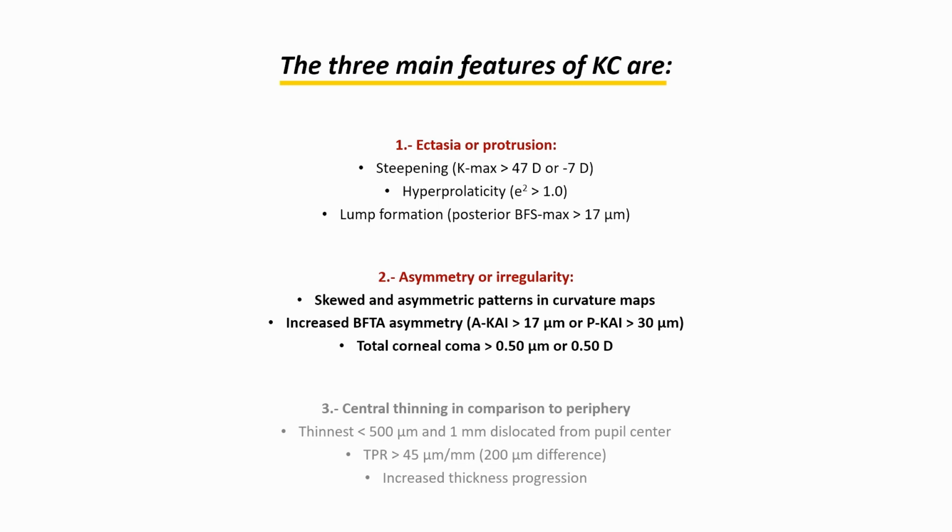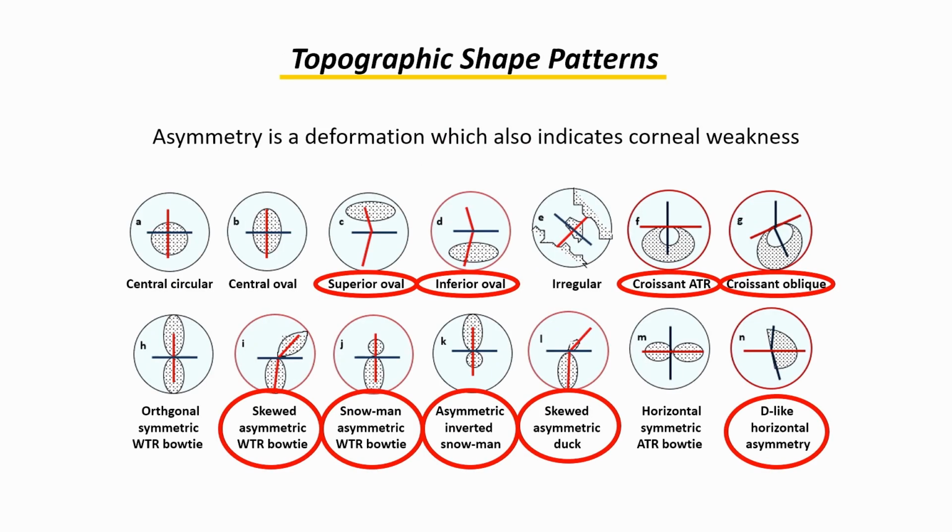Asymmetry is very important, okay? And asymmetry we used to see in the topographic maps. All you have are anterior surface topography maps, but not the posterior. It's the same concept for the posterior surface, because I believe keratoconus begins in the back and not in the front.